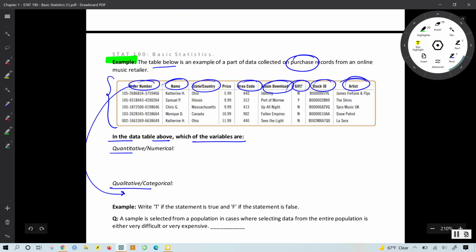So all of the circled ones on your screen are all categorical. So all column names except price. Price is the only quantitative or numerical variable here, which has been measured in terms of the value of the online music.